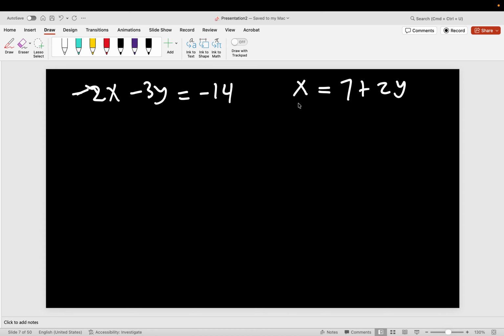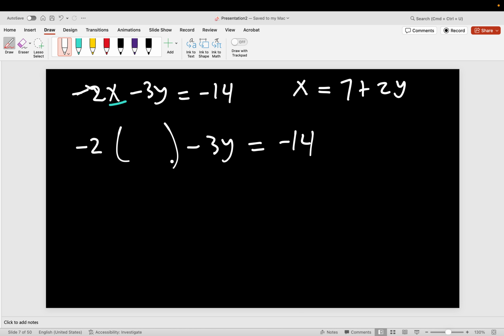So x, where is x here? x is right here. So I'm going to rewrite everything else except x. So it's going to be -2, -3y equals -14.